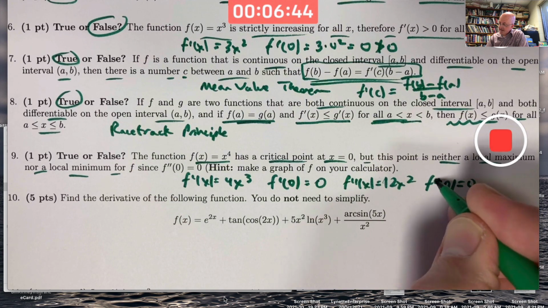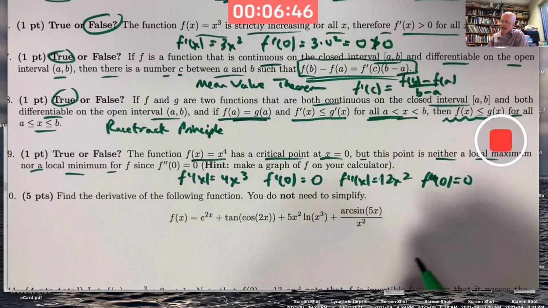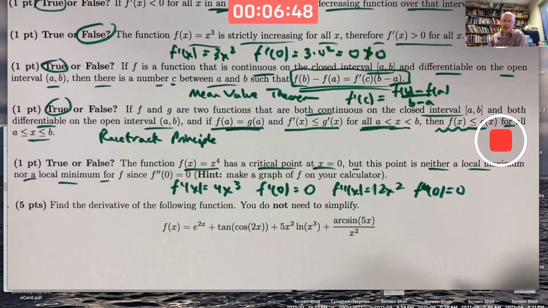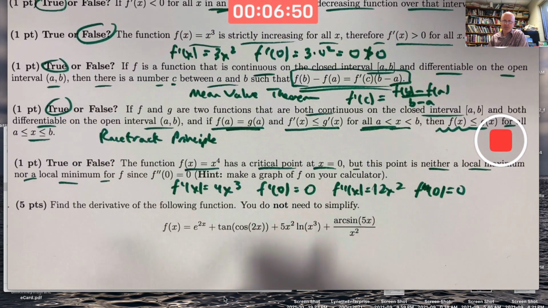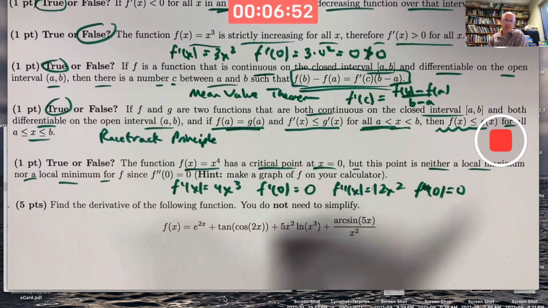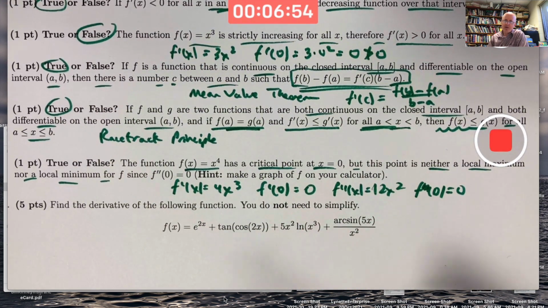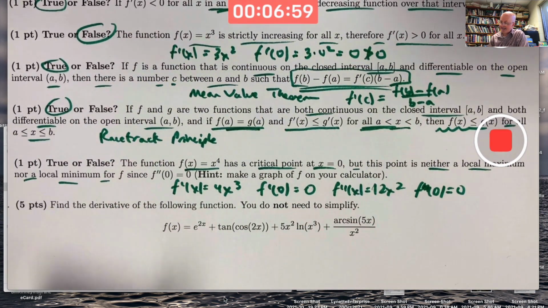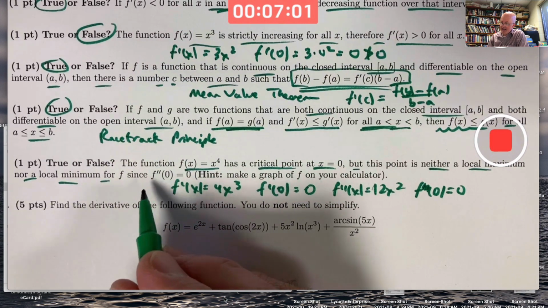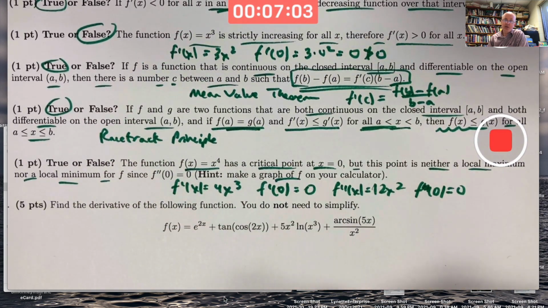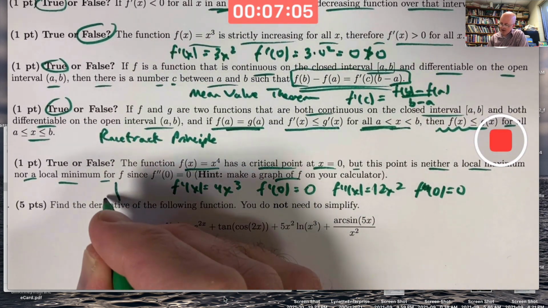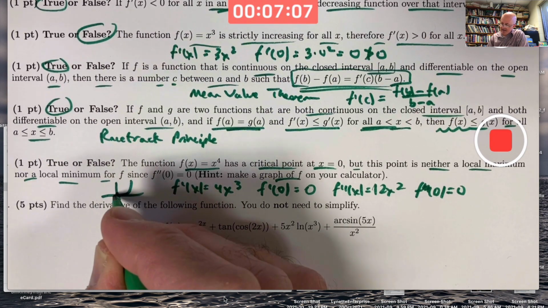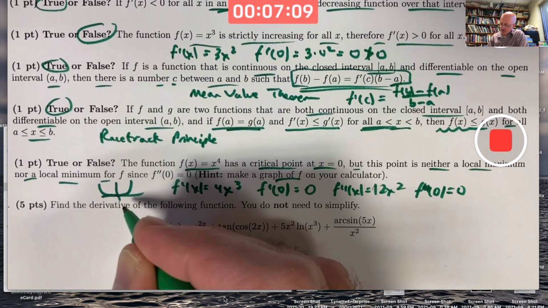So this is set up to make you think that, hey, it can't be a local min nor a local max because the second derivative test requires f double prime to be positive or negative. However, even though that's a sufficient condition to have either a min or a max, it's not a necessary condition. If you graph this function, you will see, if you think about it carefully, it does have a minimum at x equals 0.